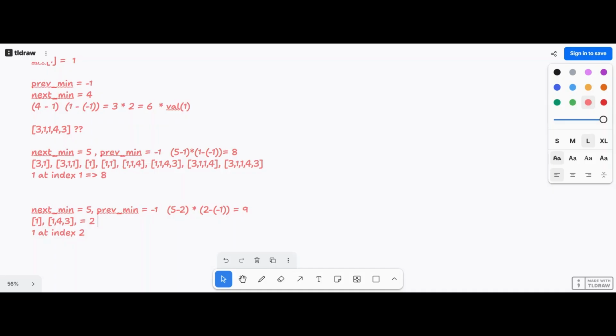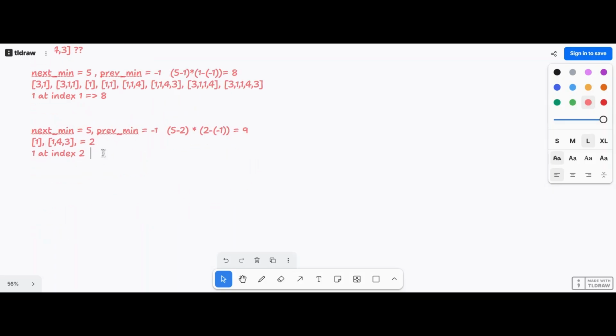So what we need to do is, for any one of the two, next minimum or previous minimum, find it as equal to. Until now, for finding the next minimum, we traverse in the backward direction: i equal to n minus 1, till i greater than or equal to 0, i minus minus.